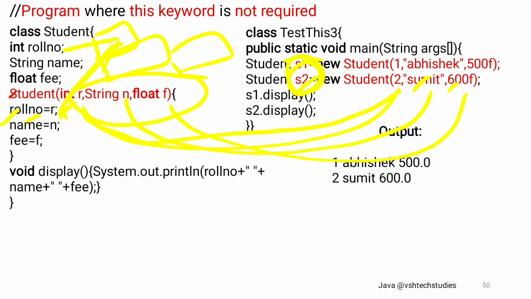Because formal parameters and instance variables have different names, there is no naming conflict. In such a case, the this keyword is not required. Only if formal parameter names and instance variable names are the same is the this reference variable required.